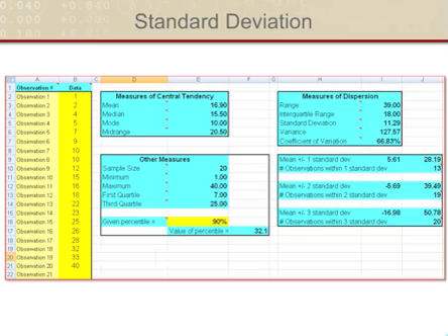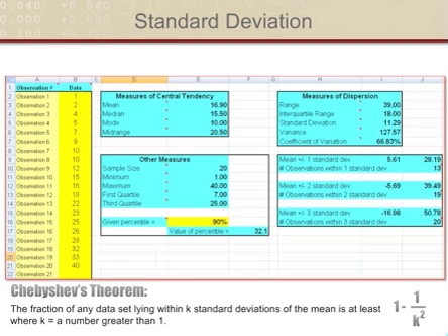If you take a data set, generally we want it to be something called normally distributed, which we'll discuss in the next unit. But what you'll find with almost any data set is if I take the mean and I add and subtract 1 standard deviation, according to something called Chebyshev's theorem, you have a certain expectation of how much data will be in that range.